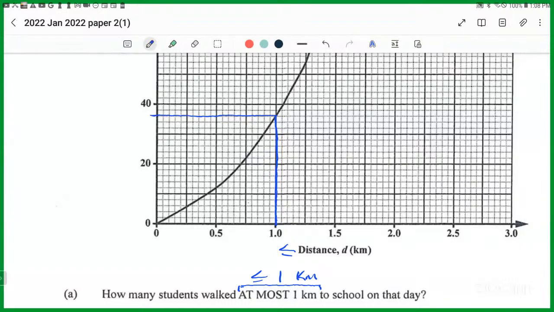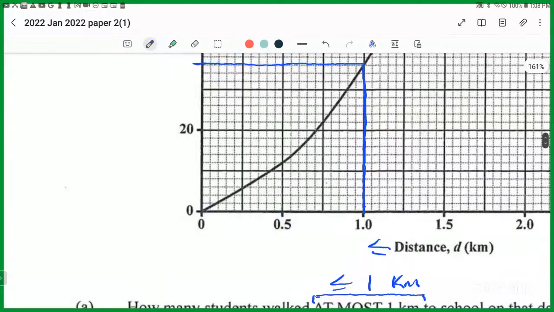Get the scale right before you start. There are 10 spaces up to 20, so it's 20 divided by 10. Each of these little units is 2 students. Make sure you get that right.